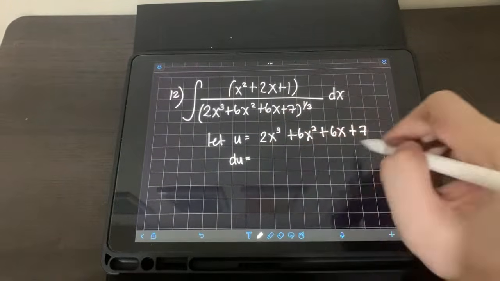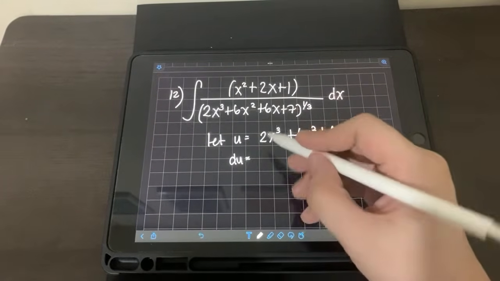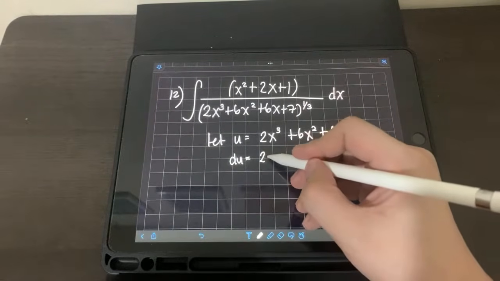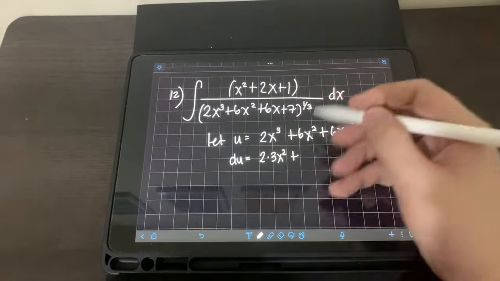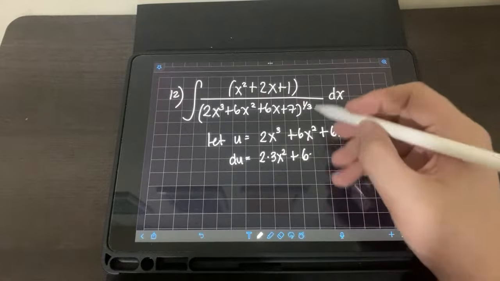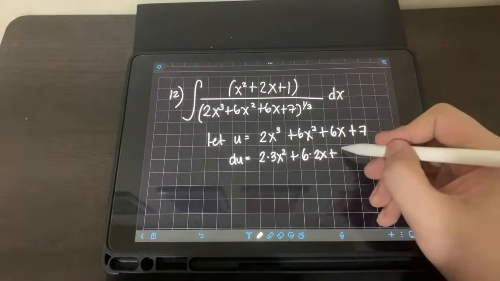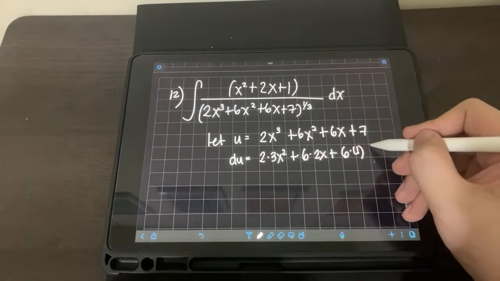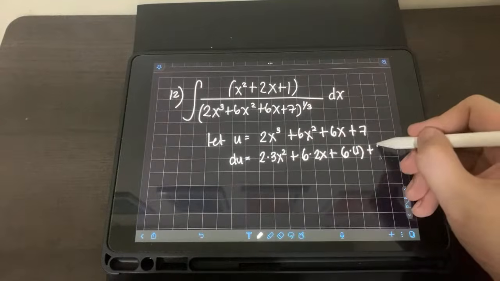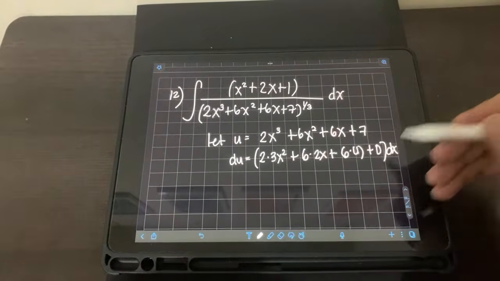What is the derivative of the right side? So, term by term, differentiate. Derivative of 2x cubed is 2 times 3x squared, right? Plus, derivative of 6x squared, 6 times 2x. Plus, derivative of 6x, 6 times 1. Plus, derivative of 7, constant, 0. Then, multiply everything by dx.